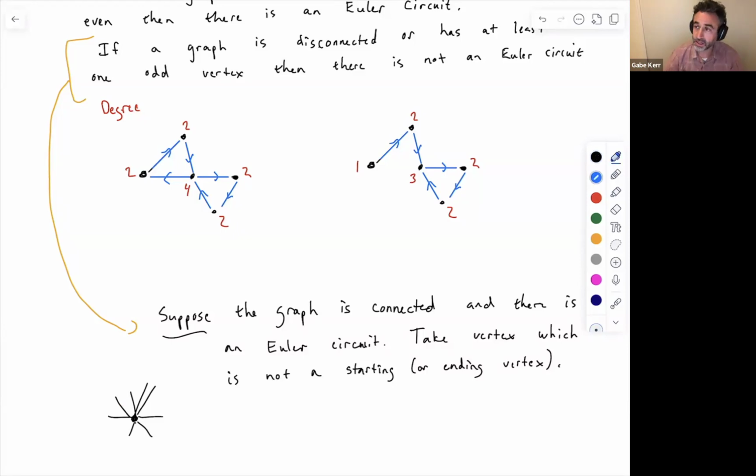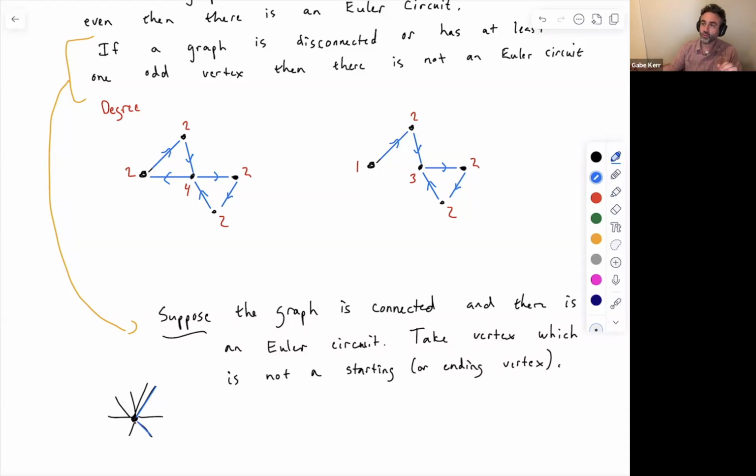And since that circuit has to hit every single edge, at some point someone going along that circuit will cross into this vertex. But when it crosses in, since it's not the ending vertex either, it has to also leave.